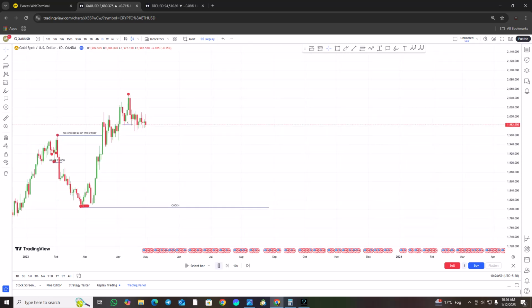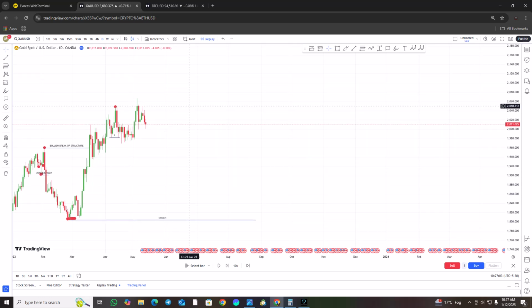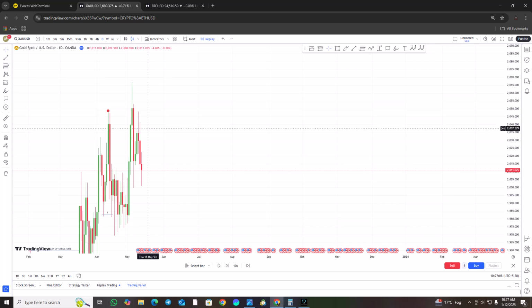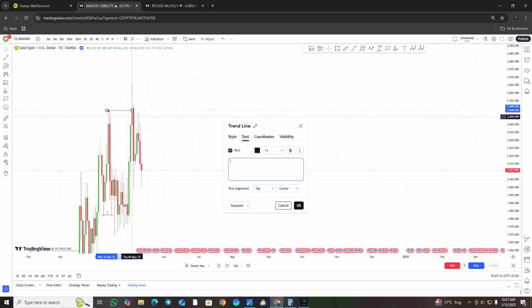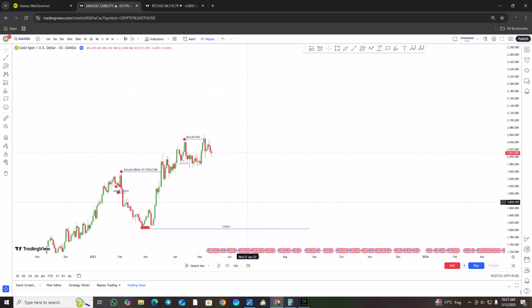So you can clearly see this was the high. But we have to look for whether there was a body close. Yes, there was a body close, where we are going to consider this as bullish BOS. Bullish BOS is nothing but bullish break of structure.